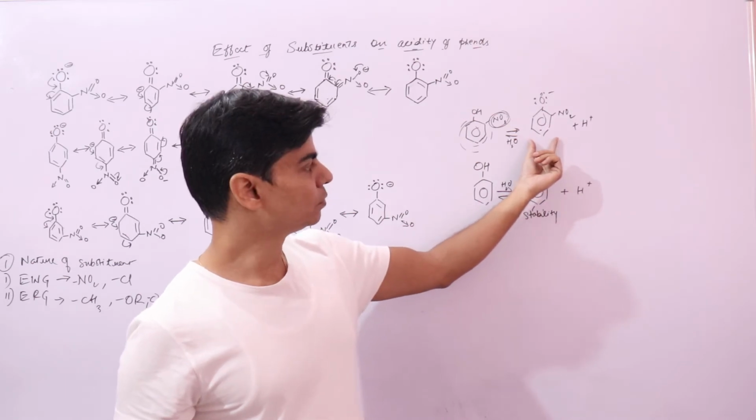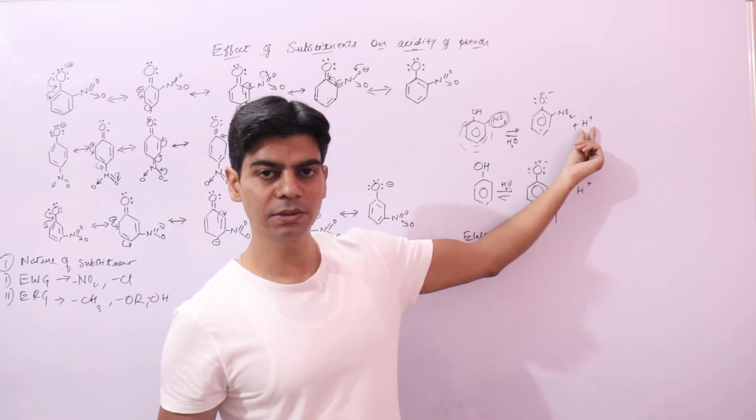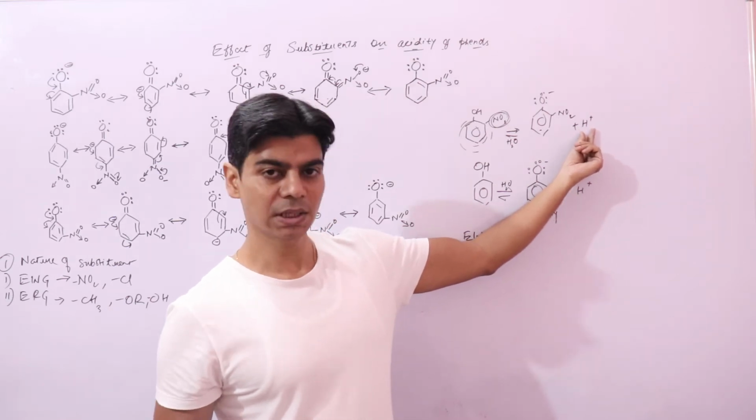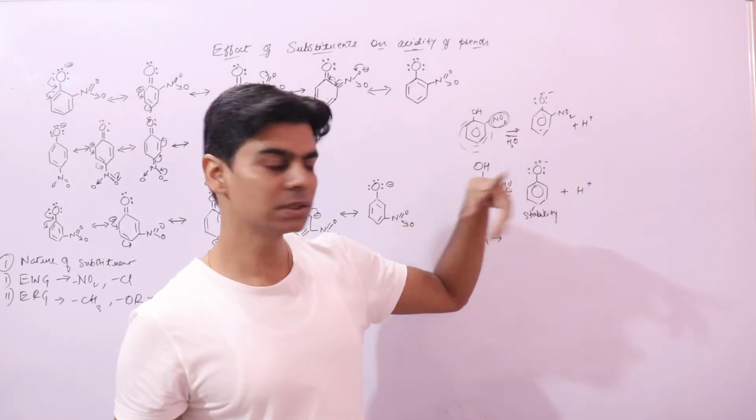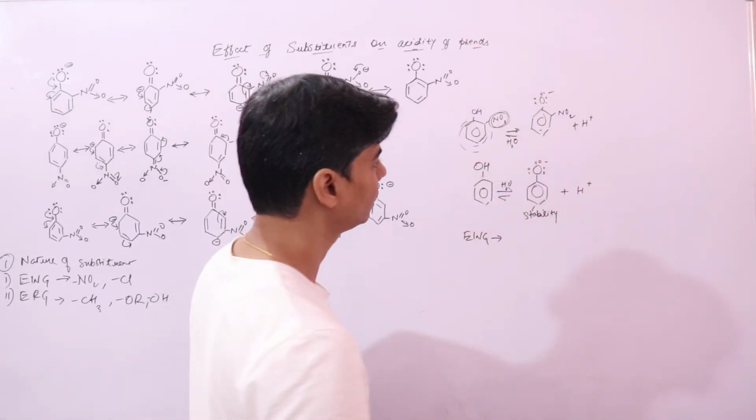So if it is more stable, it has less chances of combining with hydrogen ions. Less chances of combining with hydrogen ions means you have more hydrogen ions. More hydrogen ions means more acidic.